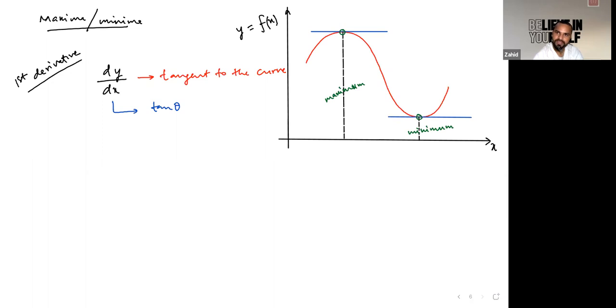Now, if we differentiate this function again, we can call it the second derivative. Just one minute. Now, if I ask you to define this particular blue line's inclination with respect to the x-axis, what will be your answer? Raza? What is the inclination of this blue line with respect to the x-axis? Are they parallel or not?